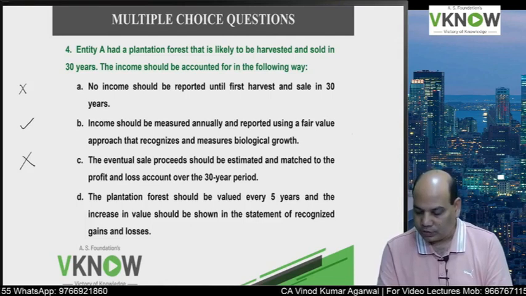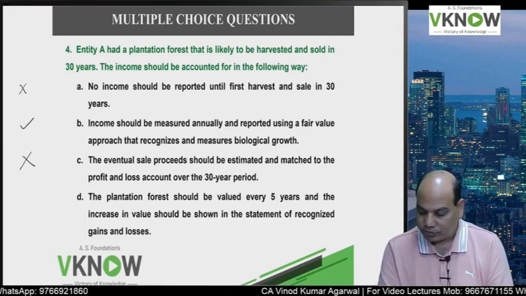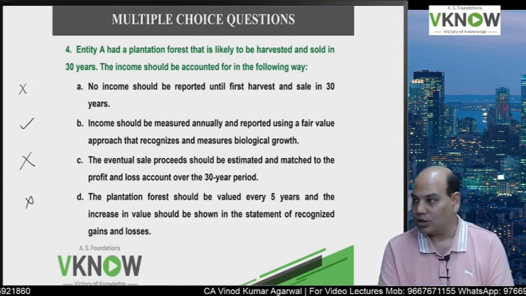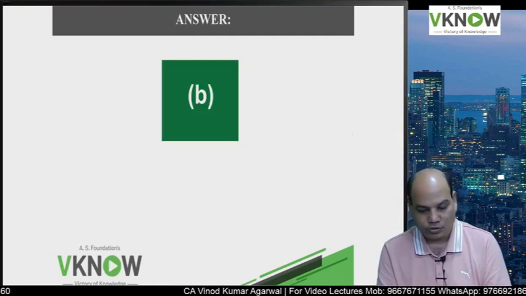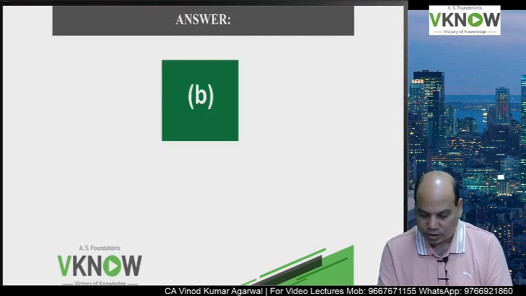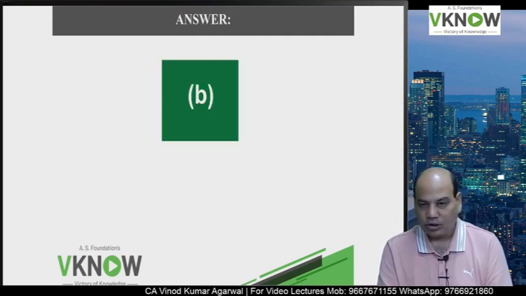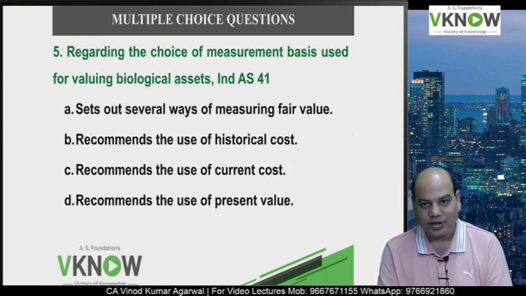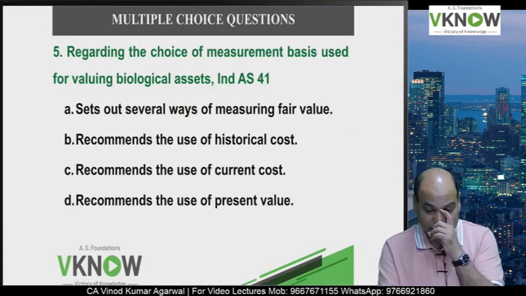There is no question of every 5 years. It is every year. An increase in value should be shown as gain or loss. Wrong. It's every reporting date you have to do fair value less cost to sell. The correct answer was B. If your understanding is clear, you can answer. I have covered everything which you need.